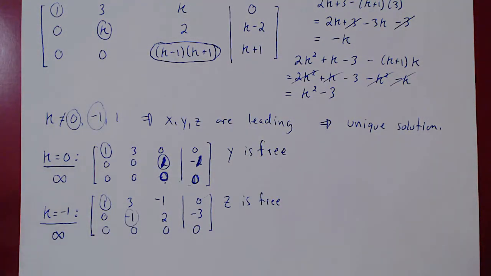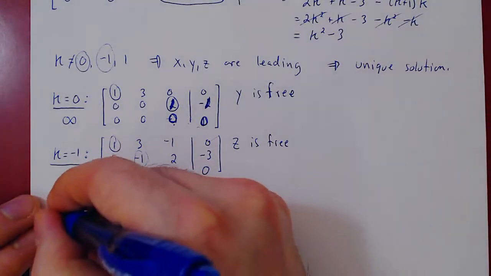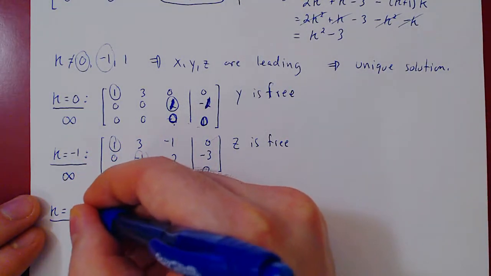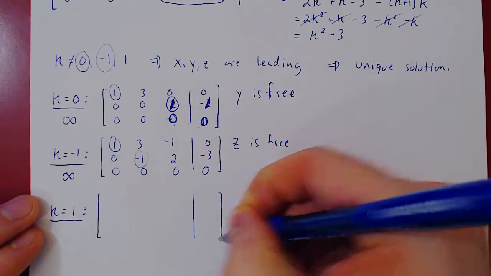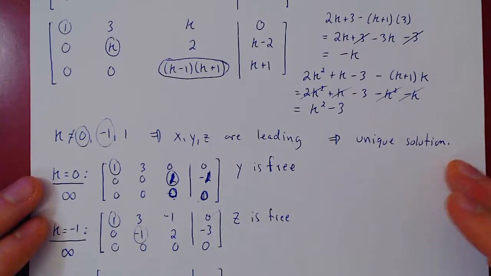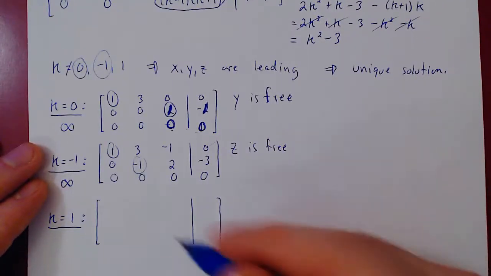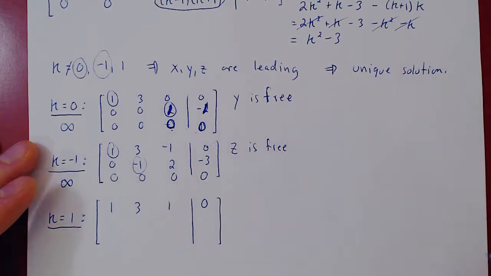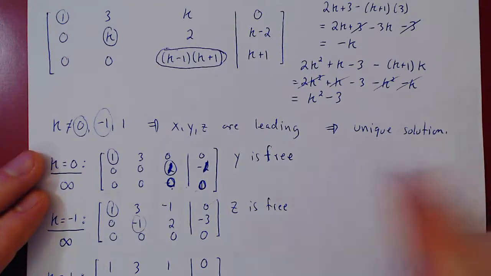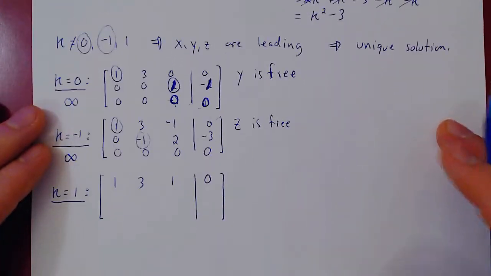What happens to the system when k equals 1? The first row will be 1, 3, 1, 0. The second row will be 0, 1, 2, 1 minus 2, negative 1.